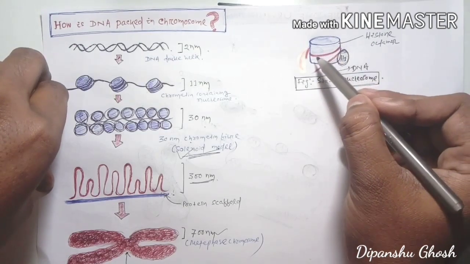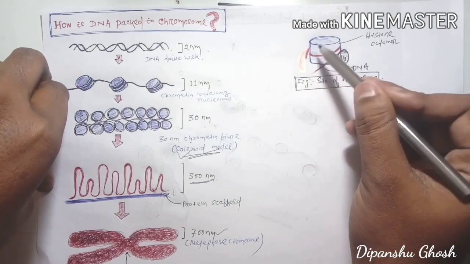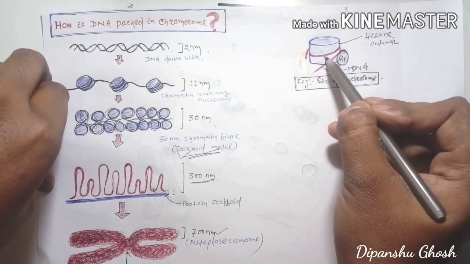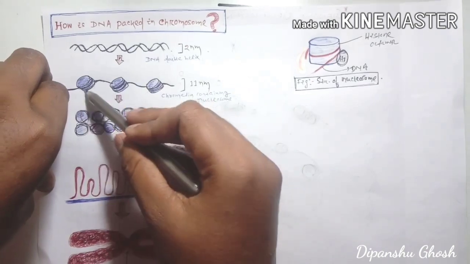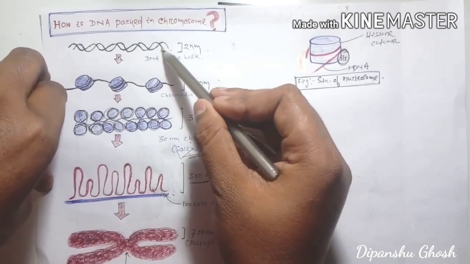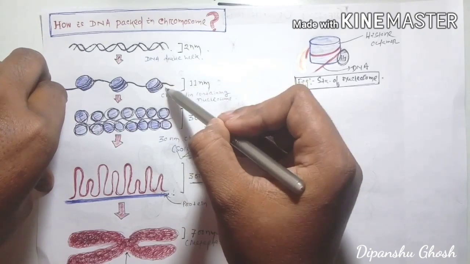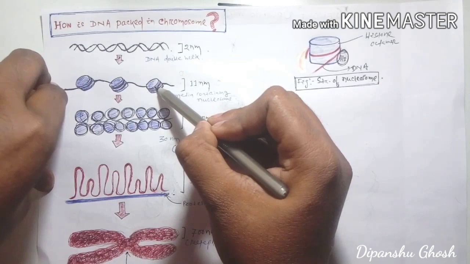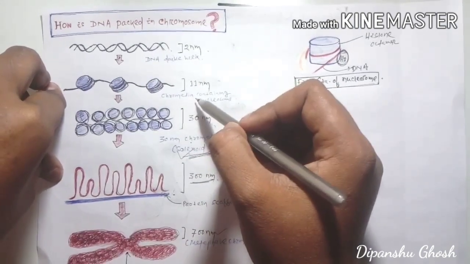So here you can see the histone protein is providing some surface for the DNA to be wound around it, right? So you can see nucleosomes here. So now we saw the DNA is getting condensed with the help of histone proteins to produce 11 nanometer chromatin fiber.